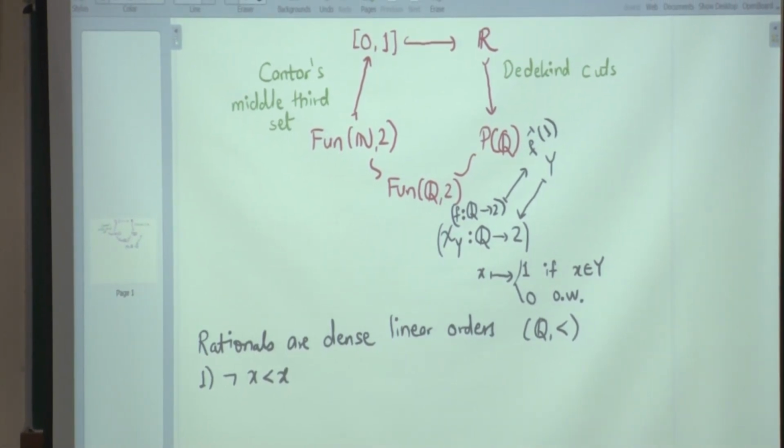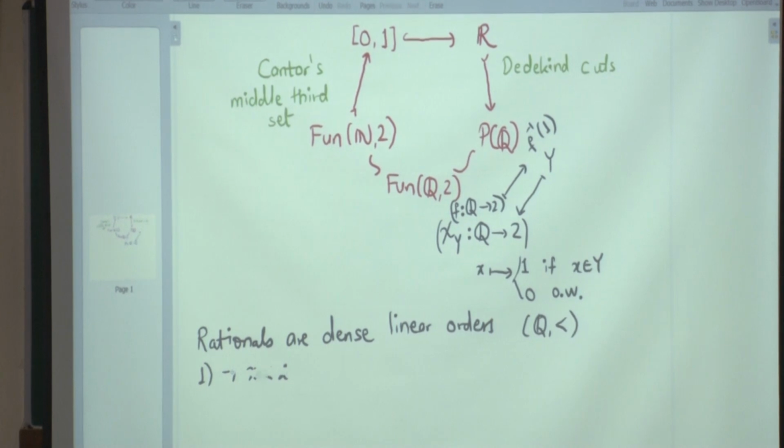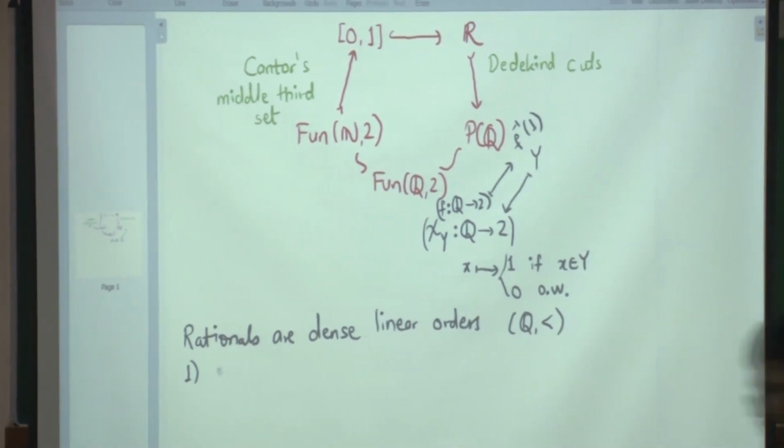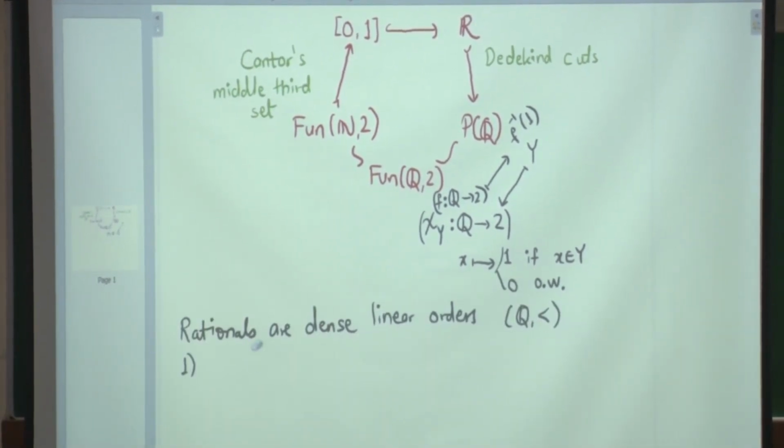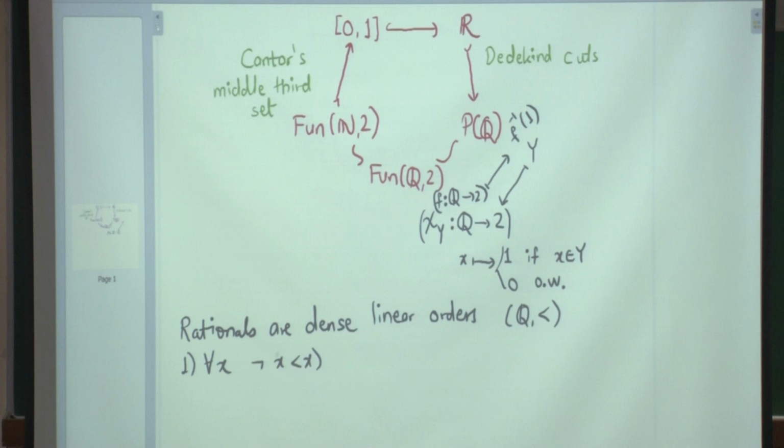I can write it down more formally. For all x, negation of x less than x. This is the first property. What is the second property? Transitivity holds. If x is less than y and y is less than z, then x is less than z.